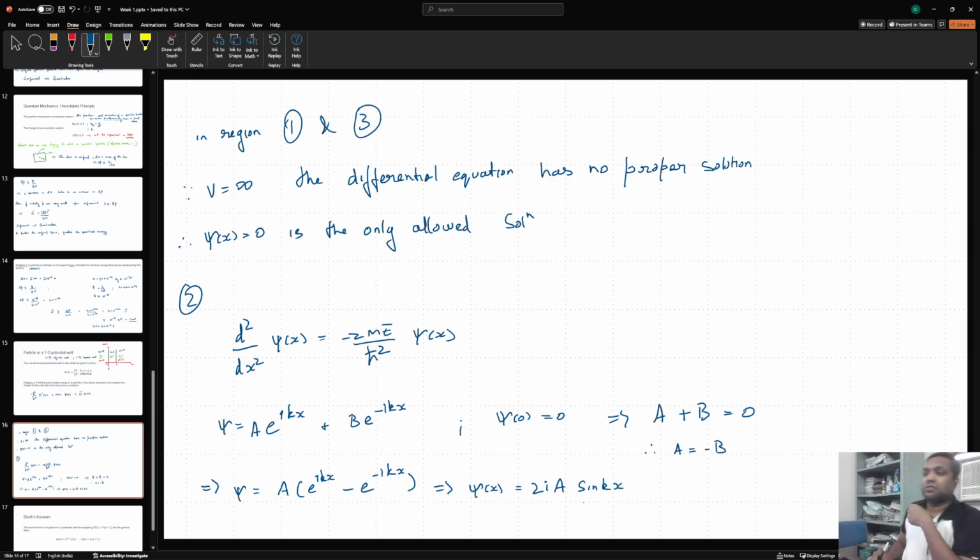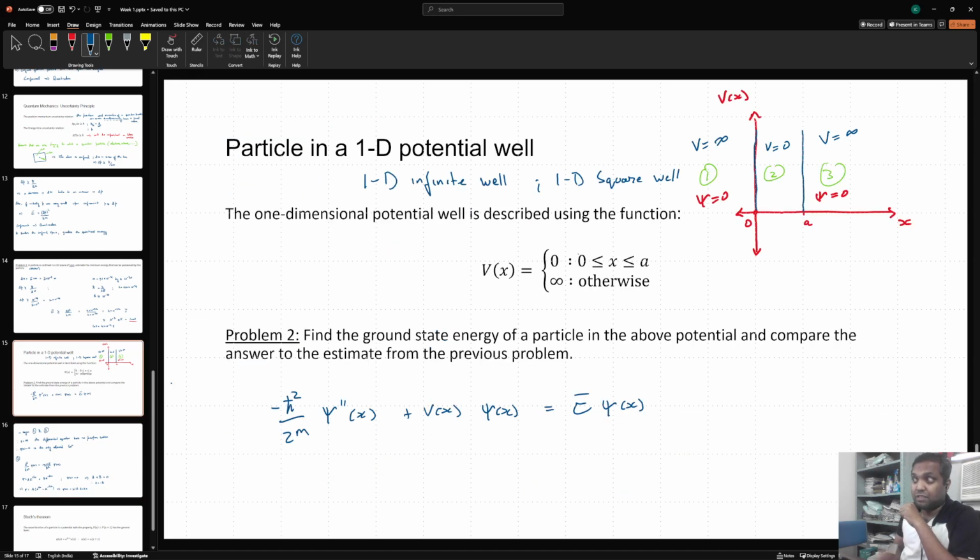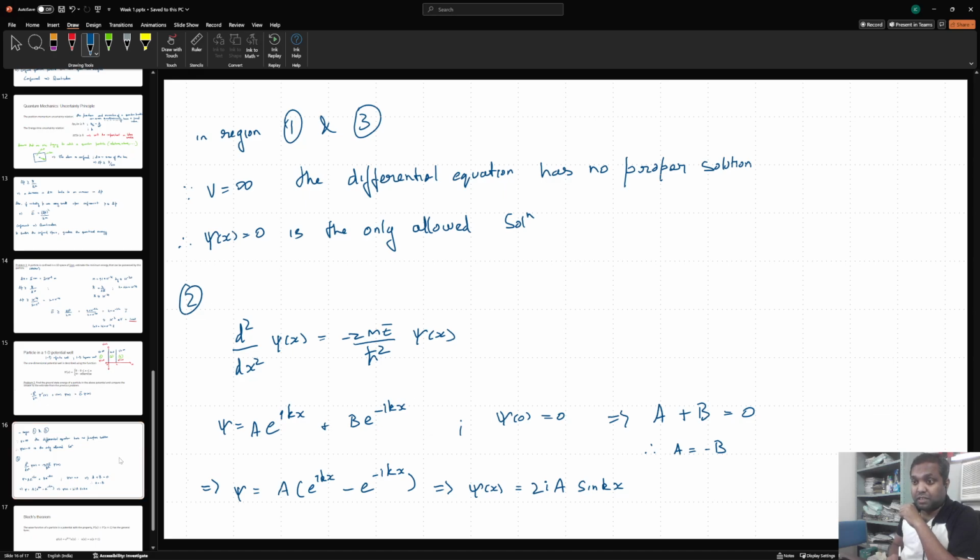Now our second condition: if it has to be continuous at this point, it also has to be continuous at a. So let me just make a new slide.